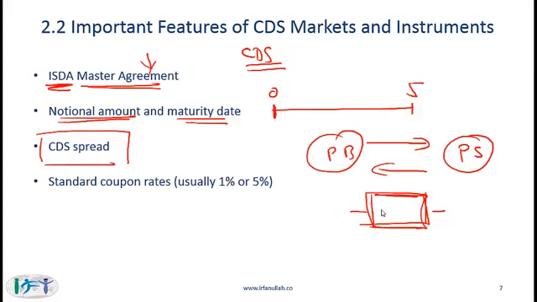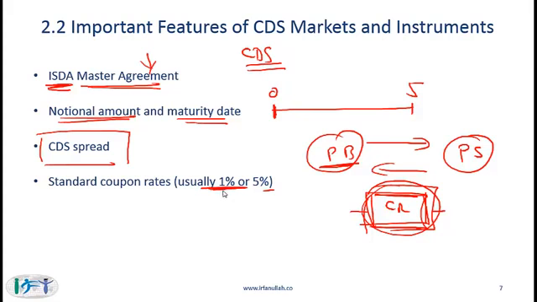What we can say right now is that the CDS spread is associated with the credit risk of this underlying entity. The way the market works, the protection buyer will pay a standard rate, which is either 1% or 5% to the protection seller. Let us say that this underlying entity is an investment grade bond, in which case the standard payment would be 1%.